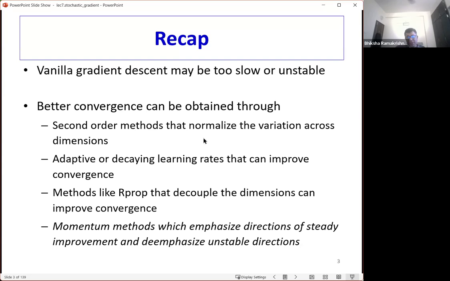And we also saw that methods like RMSProp that decouple the dimensions can make convergence better because you're able to control the learning rates better. We also briefly mentioned momentum methods, which emphasize directions of steady improvement and de-emphasize unstable directions. We didn't spend a lot of time on that. We will go over that in more detail today.